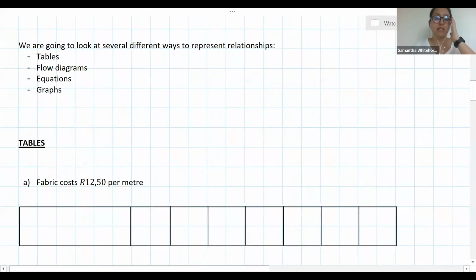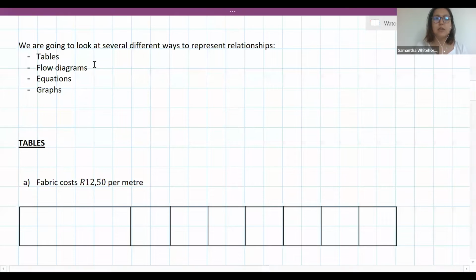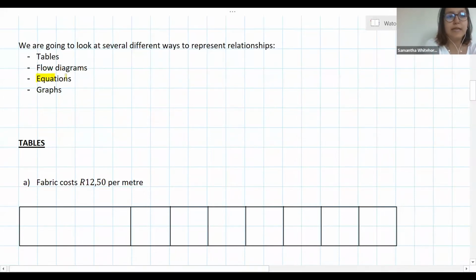Today we're looking at a bunch of different ways that we can represent relationships. The ones that we're eventually going to focus a lot more on are equations and graphs. As you get further along in maths, those are the two that we really put an emphasis on. Tables and flow diagrams, not as much.